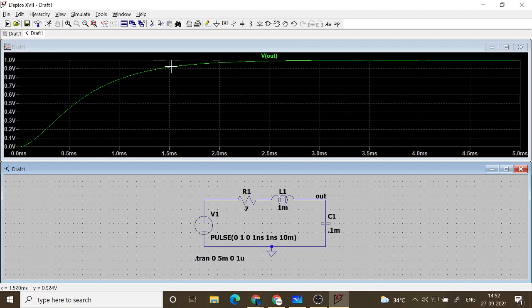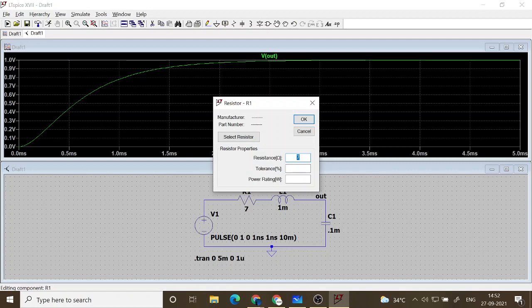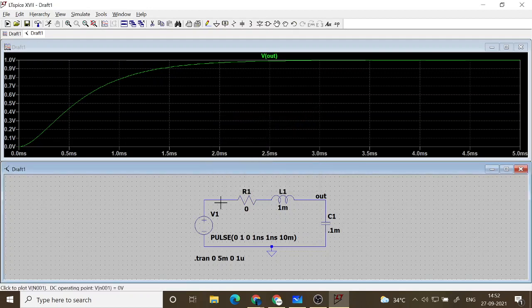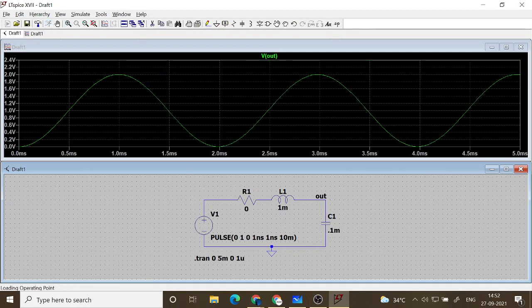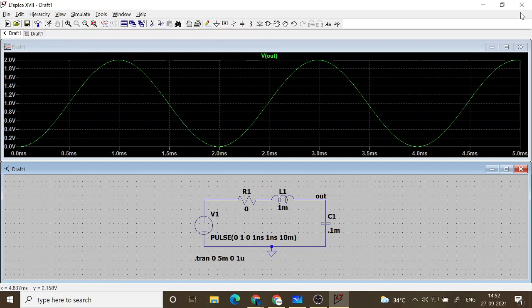Okay, so like this. There are different names for it. Whenever we see a waveform like the case of R equal to 0, where it is oscillating just like this, there is a name for it. It is called undamped oscillation.